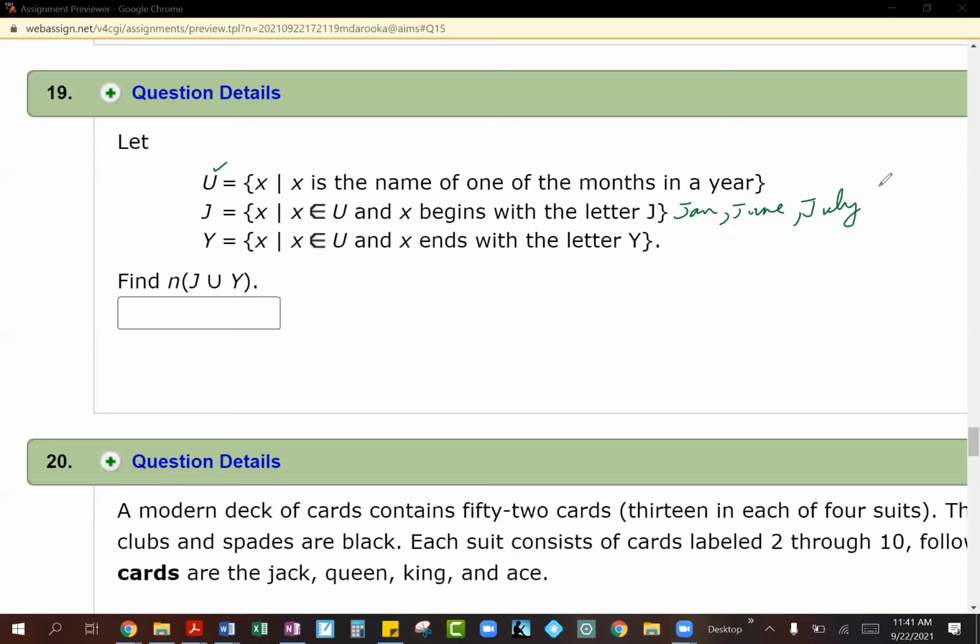Set Y is X such that X is again part of the universal set, and X ends with the letter Y. So what months end with the letter Y? January, February, May, July. That's all right. Is that all?